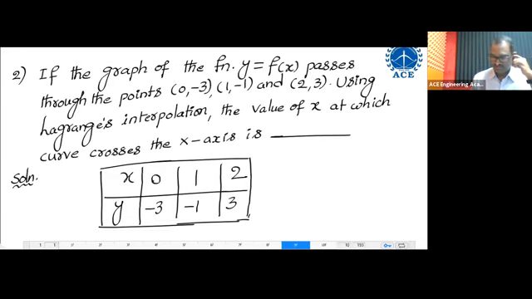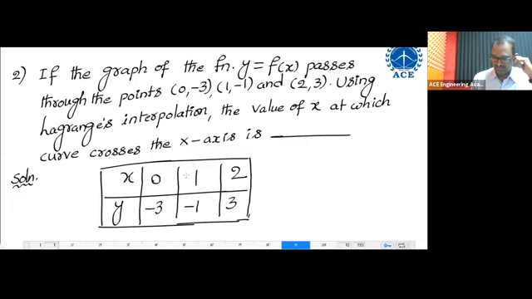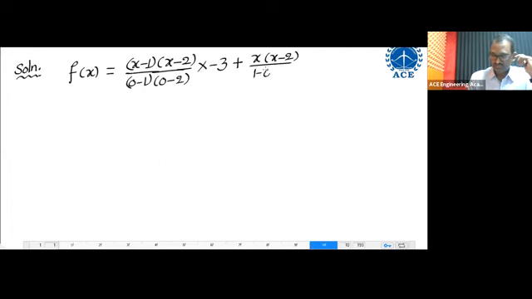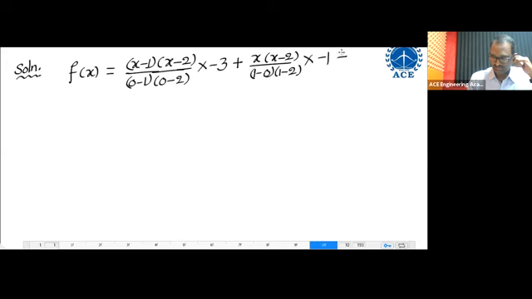Next, x minus 0 into x minus 2. Denominator: 1 minus 0 into 1 minus 2, second term minus first term into second term minus third term. 1 minus 0 into 1 minus 2 multiplied by the second y value, -1.